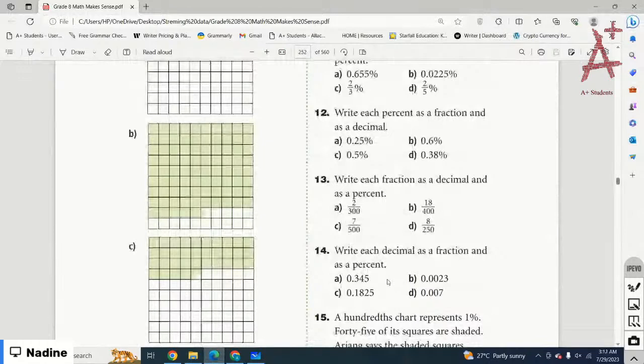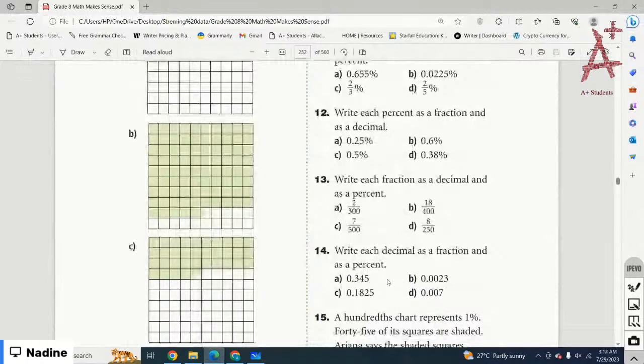Question number 13 is write each fraction as a decimal and as a percent. So A is 2 over 300.